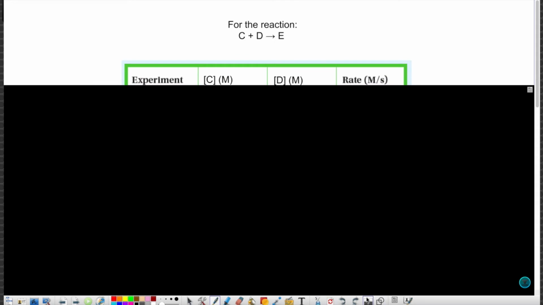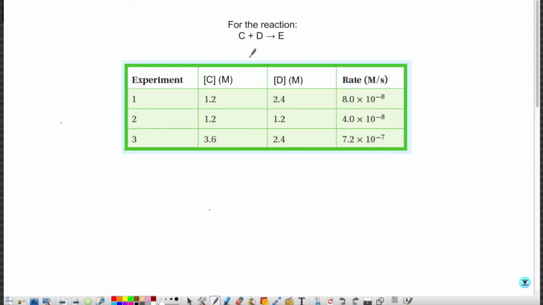Let's consider this reaction. C plus D goes to E. Here I've done some experiments, and notice that I haven't actually done these because this reaction doesn't exist, where I change the concentration of the two reactants, and I measure the rate.